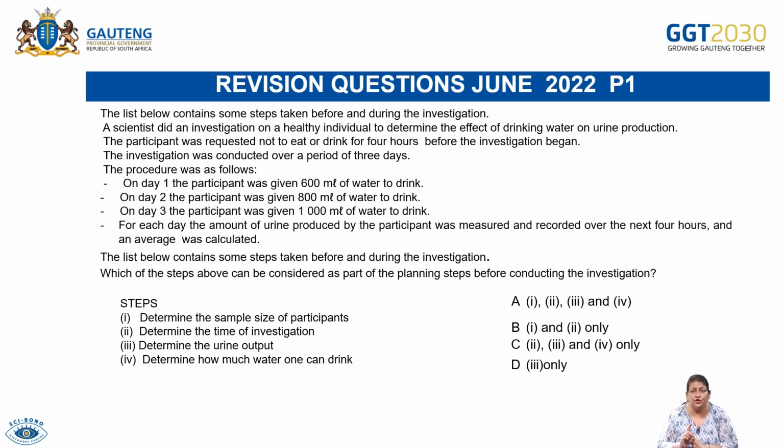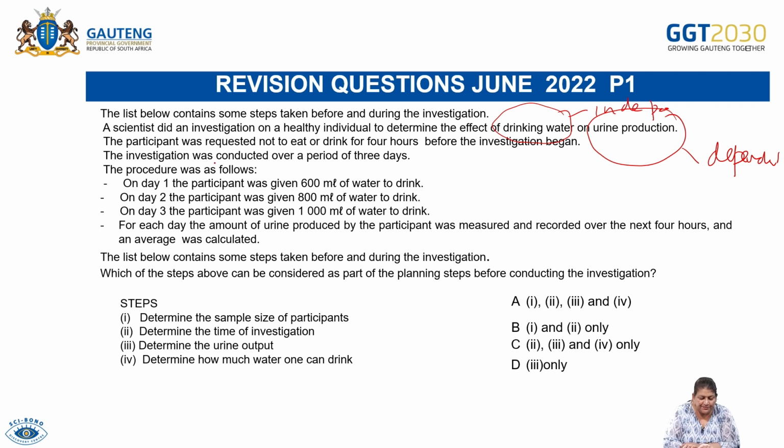But you cannot control how much urine he's going to be producing. So urine production becomes my dependent variable. And the effect of drinking water becomes my independent variable. So the volume of water drank compared to the urine output, that's independent and dependent.